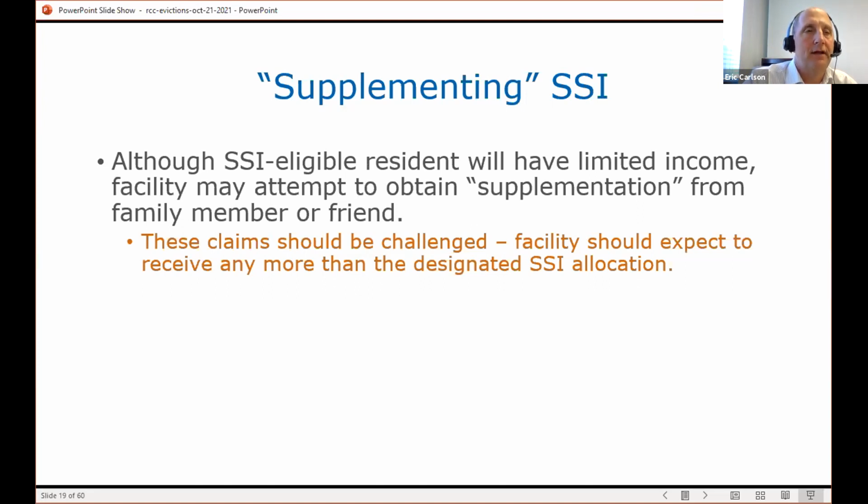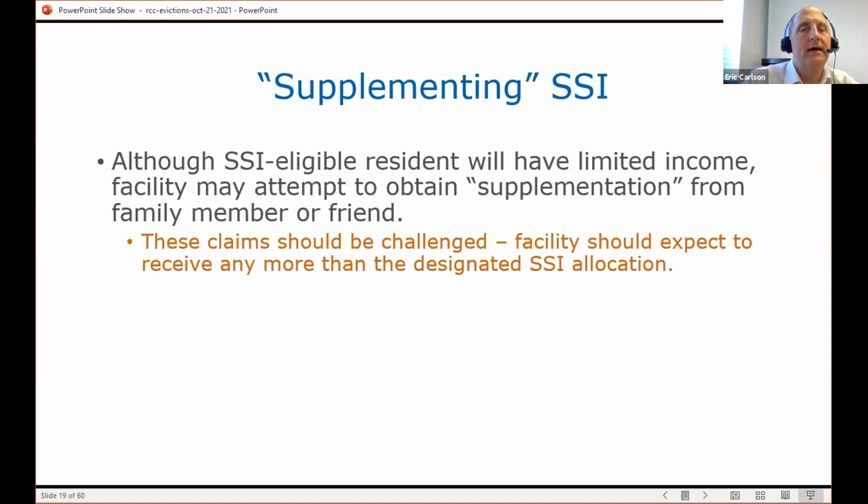A state regulation will likely limit the facility's ability to charge a resident more than a particular percentage of his or her SSI payment. And just as a practical matter, there's just not that much money there. The facility is limited on a practical level from charging any more than the resident's limited income.